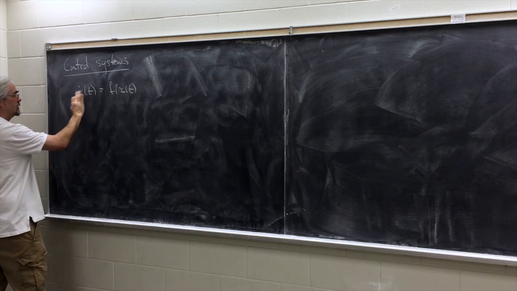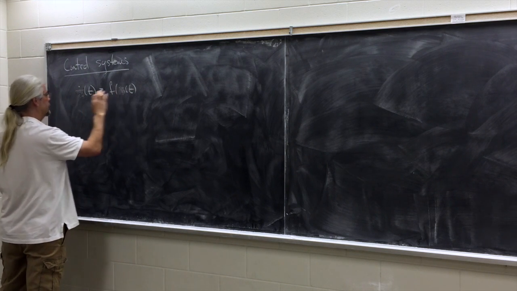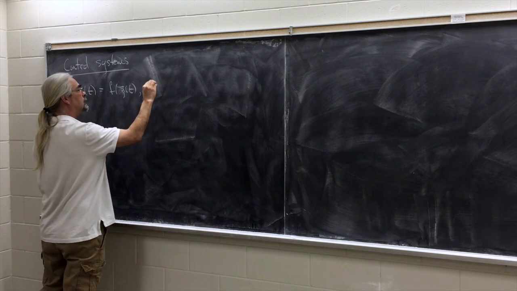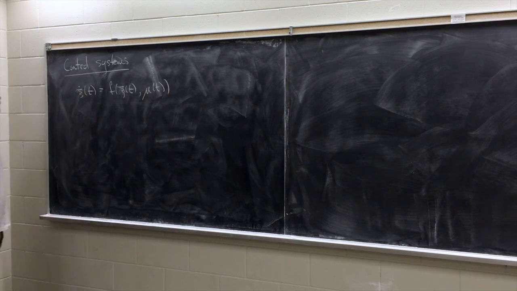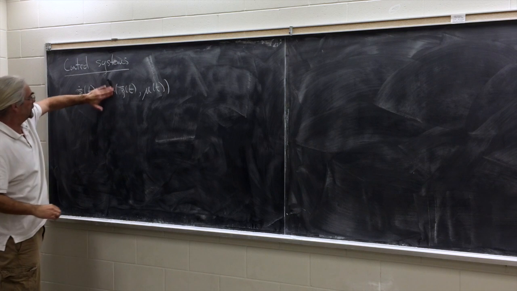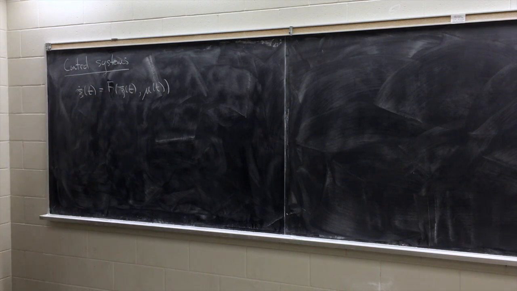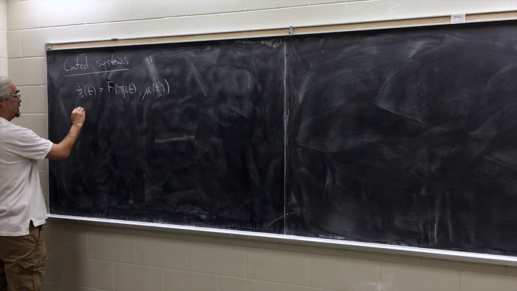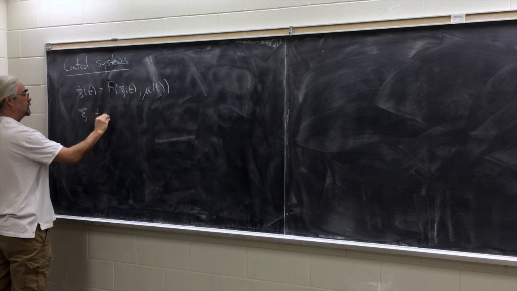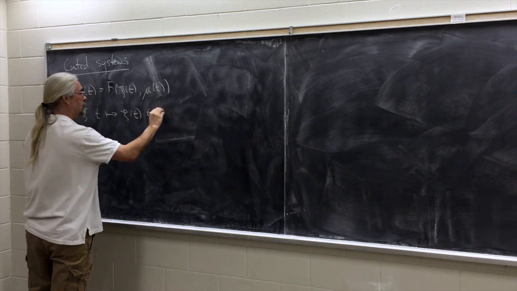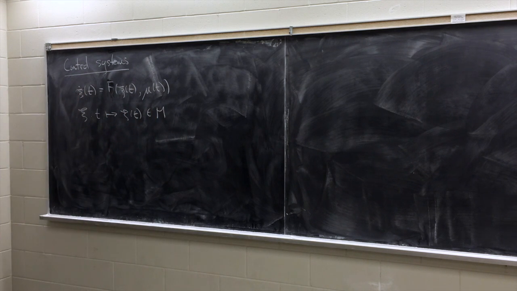So let me be slightly better here about this. Okay, and I think actually I typically have been using capital F. All right, so of course C is going to take time and give you a curve in a manifold.